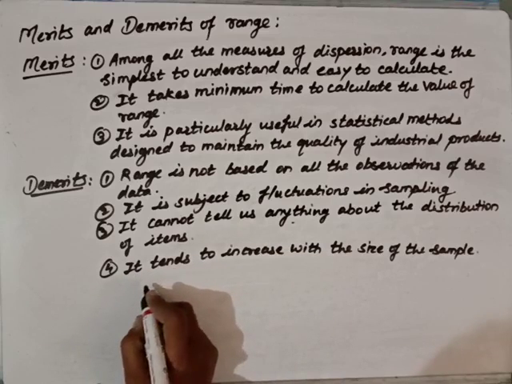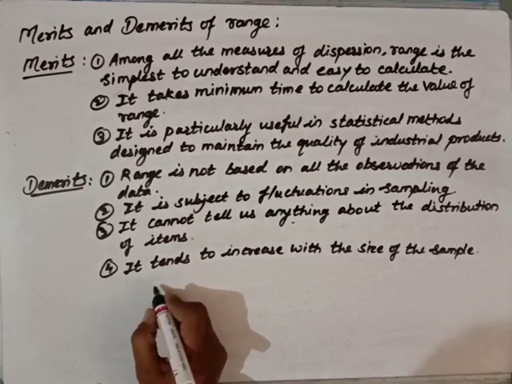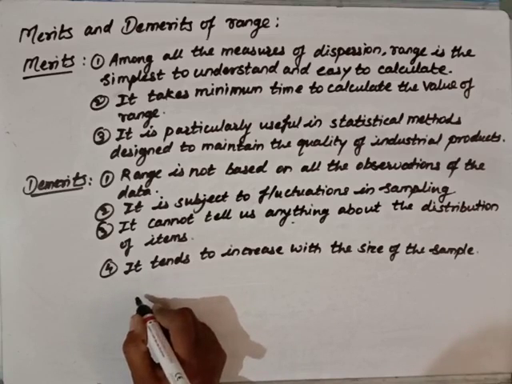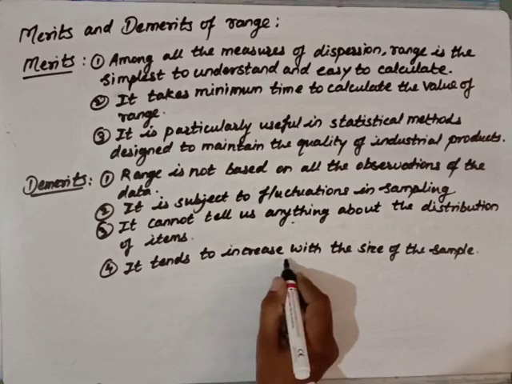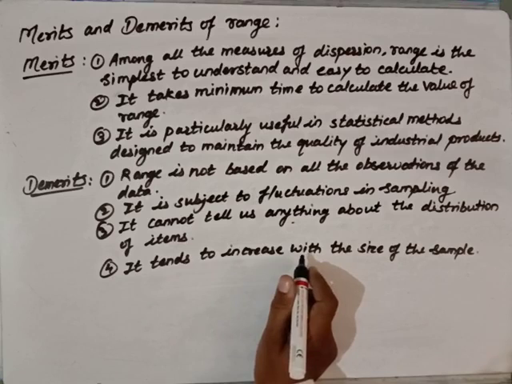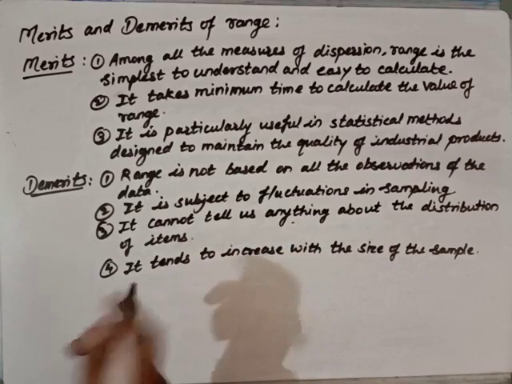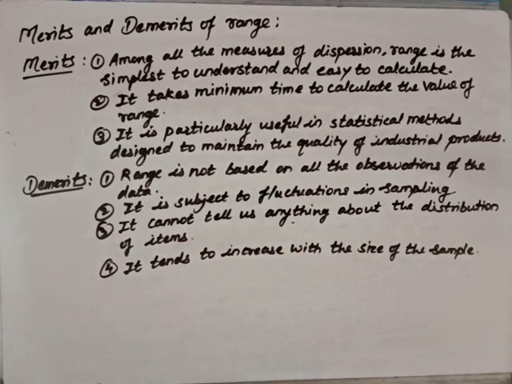For this reason, the value of range cannot be interpreted without knowing the number of observations. Fine. Now, let us see the applications of range.